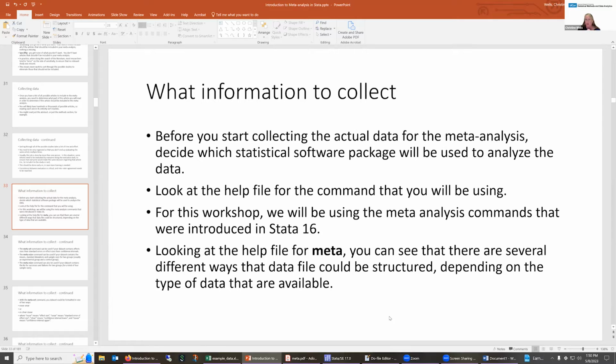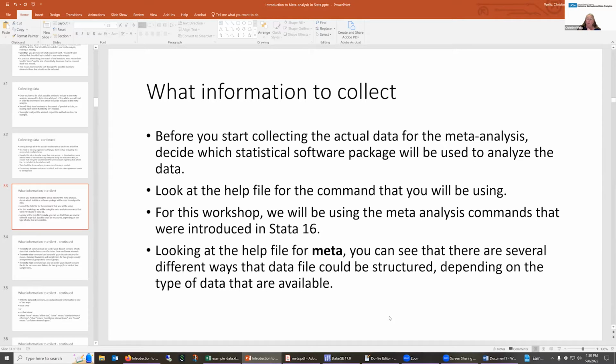Now you have to figure out what you're going to collect. I argue that before you figure out what you're going to collect, you should stop and figure out which statistical software package you'll be using to analyze your data.